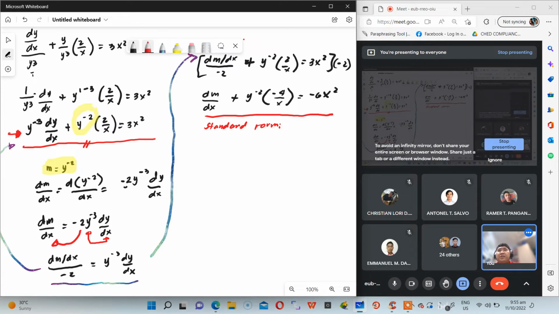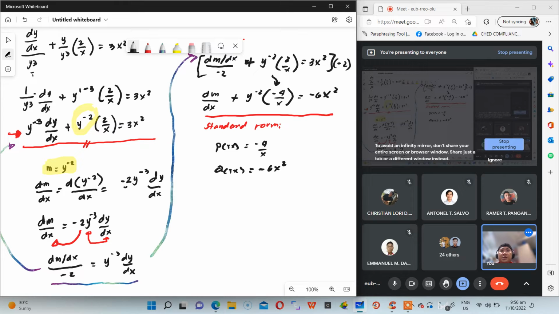In our standard form, we now identify this one as our p function, p of x, which is negative 4 over x, and our q of x, we call that one t of x, since this is already transformed x, that's why it is t of x. So that is now negative 6x squared.